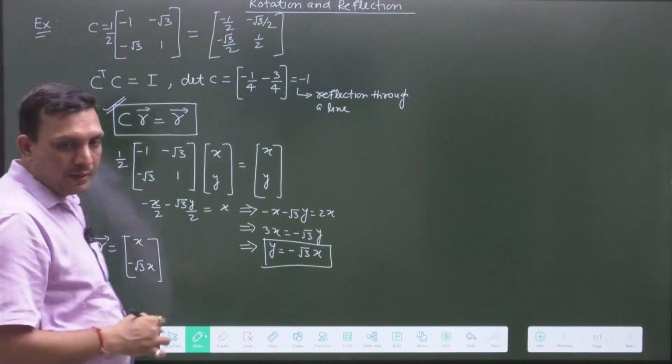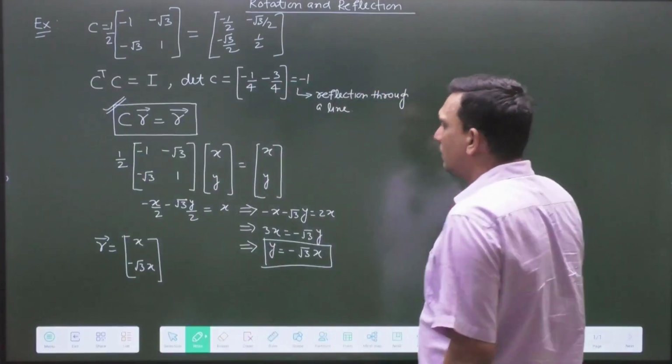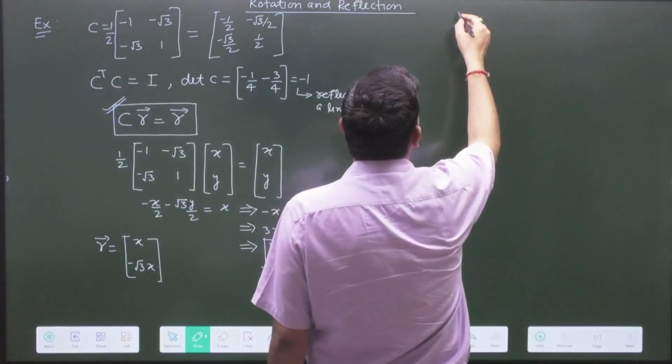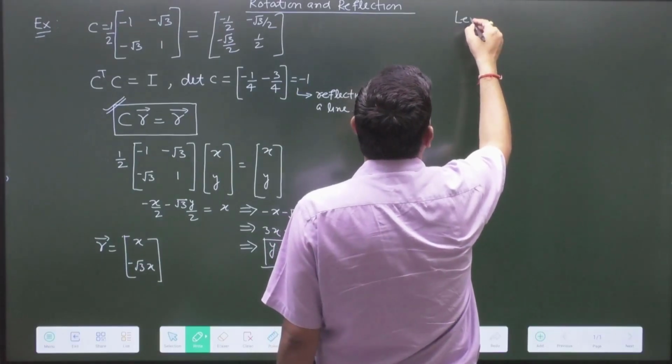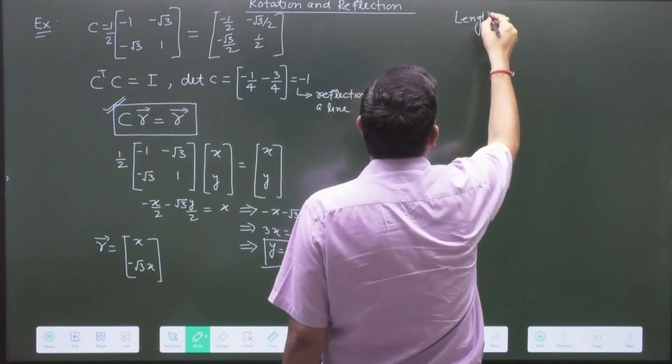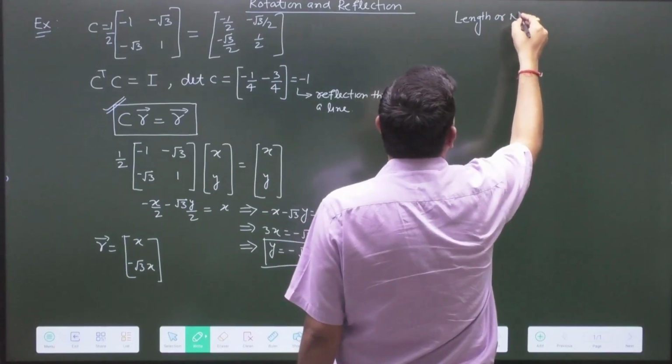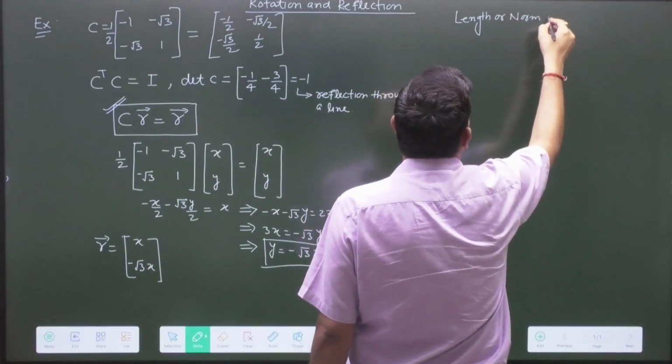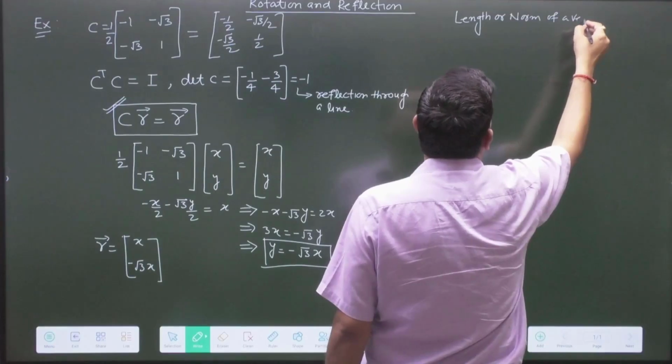So how to normalize it? We have to see the length or norm of a vector.